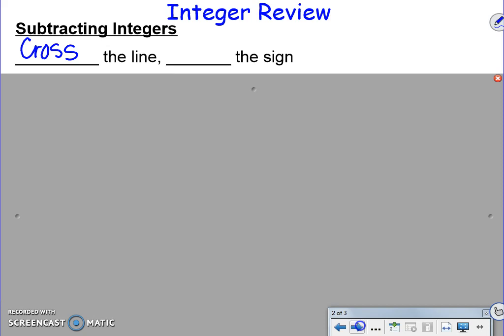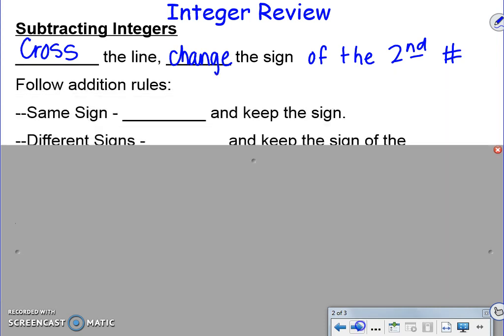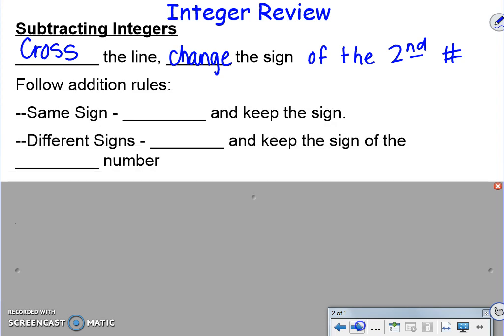We cross the subtraction line to change it to addition, and then we change the sign of the second number. You only change the sign of the second number. And then you have to follow your addition rules that we just talked about. So once it's an addition problem, you follow those same rules from before.